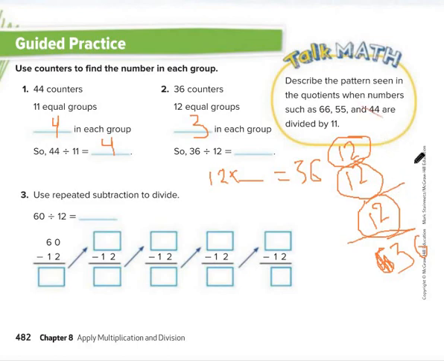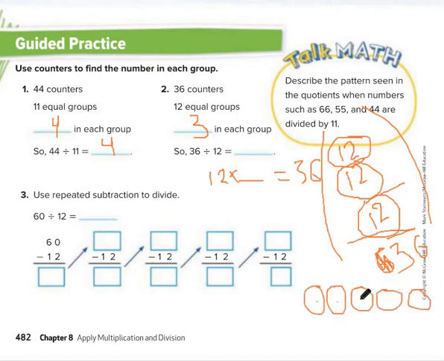So we can use this way to find 36 divided by 12. It's much easier than drawing 12 groups and then partitioning a counter each time. So 36 divided by 12 equals 3.